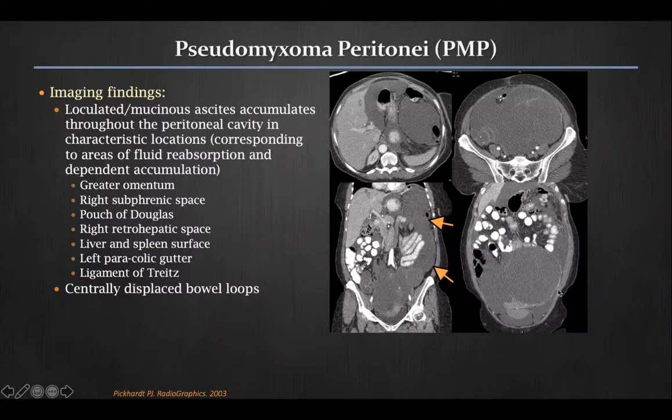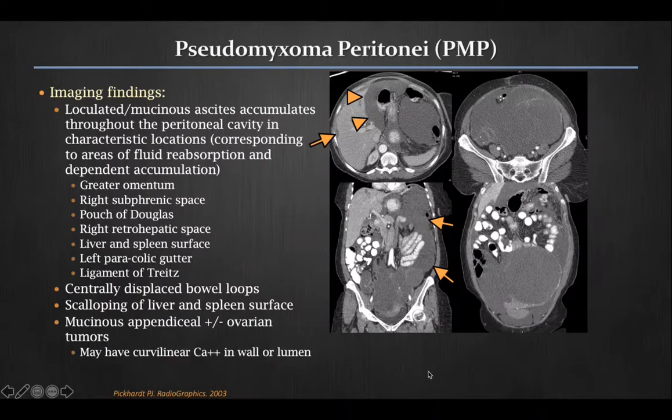It's actually pushing and displacing the bowel loops. It also results in scalloping upon the solid organ surfaces, classically the liver and the spleen. And then again, look for the primary appendiceal neoplasm, which may have calcifications, and look for the metastatic disease involving the ovaries.